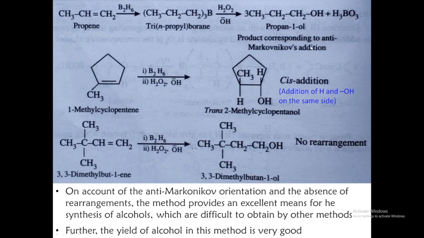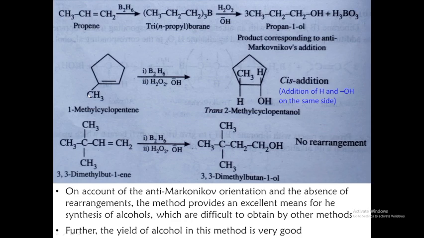Here you can see that the alcohol formed has the addition of H and OH from the same side, so we normally call it a cis addition, but the product formed is a trans 2-methyl cyclopentanol. That depends on the type of other substituent present on the other carbon atom of the carbon-carbon double bond.